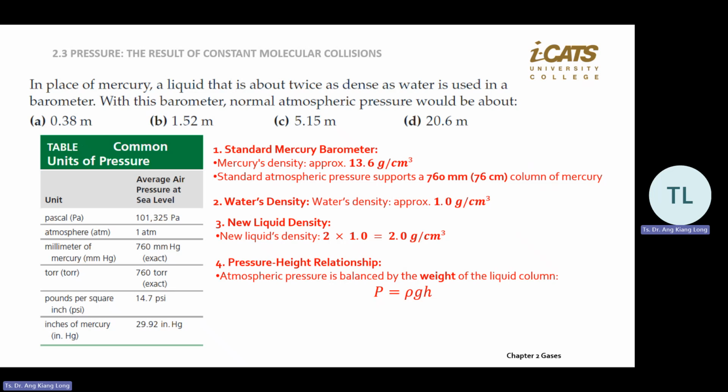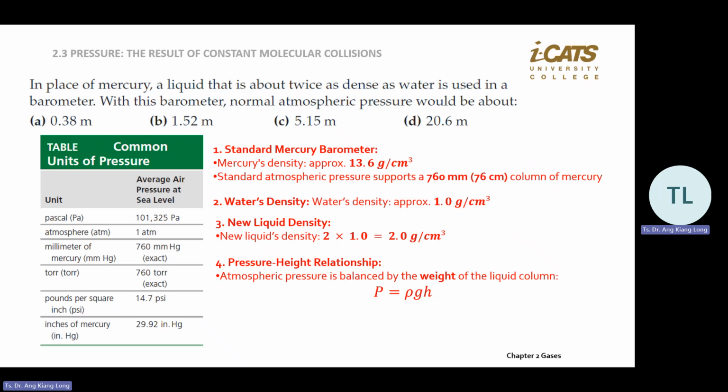You need to align or synchronize with the unit given. Okay. Water density is 1 gram over cm cube. So the new liquid density, it tells you, is twice. So twice is 2 multiplied by water density. So it will be 2 gram over cm cube.